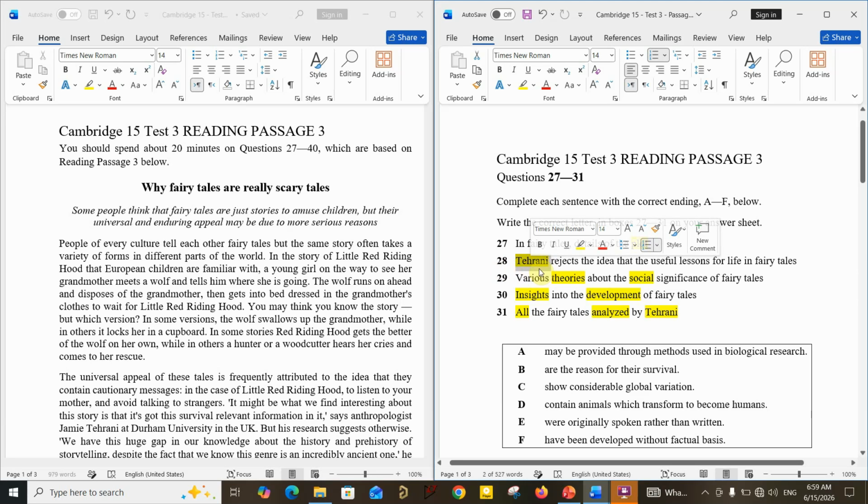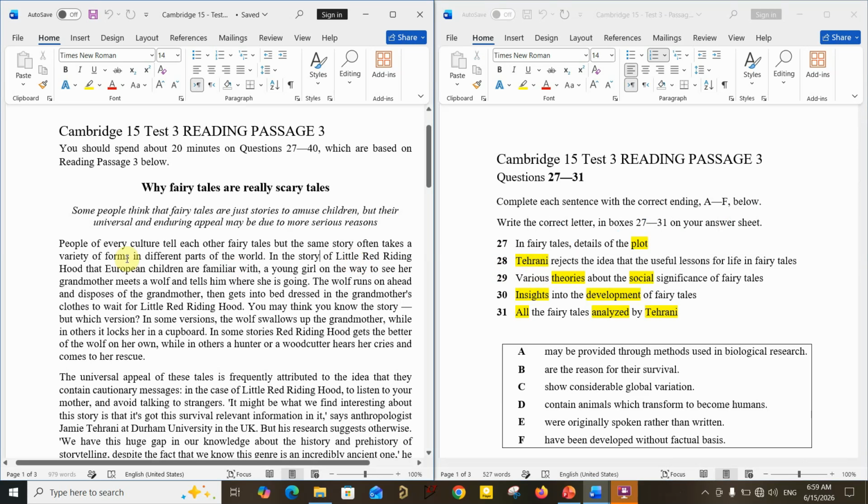When I find Tehrani, I probably find the answer for the first question in the previous paragraph or in the previous sentence. Okay, as I said to you, the questions and answers are in the same order, so this one is really the easiest one. Just move your eyes and look for the Tehrani. Tehrani is a name, start with capital letter. It's completely obvious to find it.